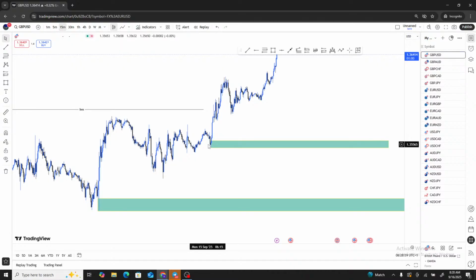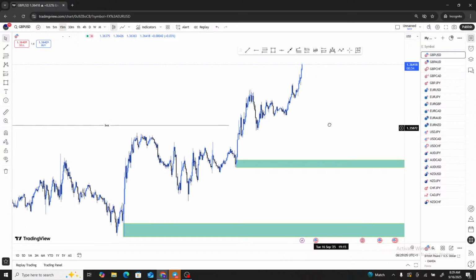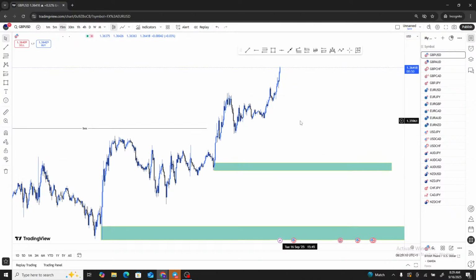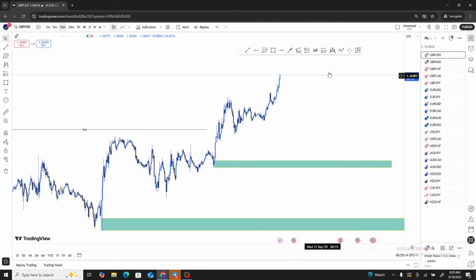So having mapped out our order blocks, levels which we would want to trade from, the next thing we have to do is to mark our liquidity zones. For example, from this order block, look at the liquidity zone right here.